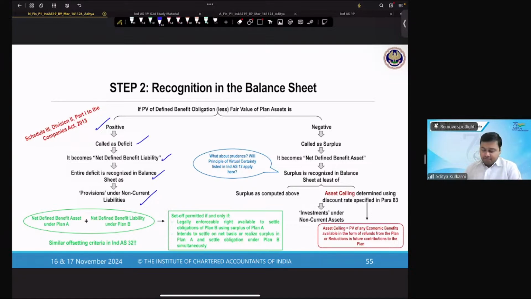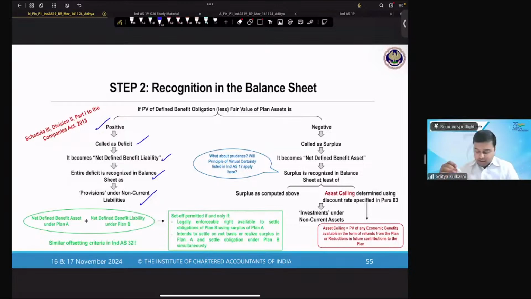Now, suppose I have a net defined benefit asset for one of the plans and a net defined benefit liability for another plan. Suppose in my gratuity plan, I have a surplus. In my pension plan, I have a deficit. The question is, can I set off both, or should I present them separately?